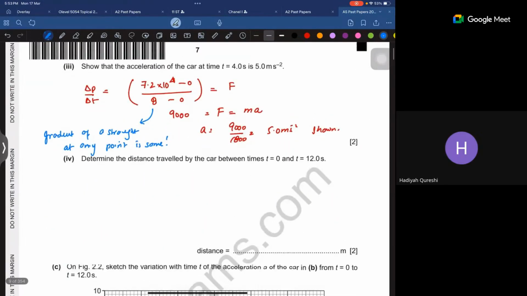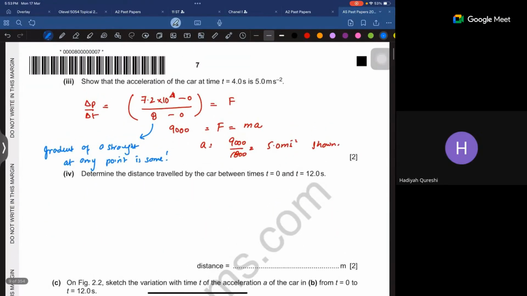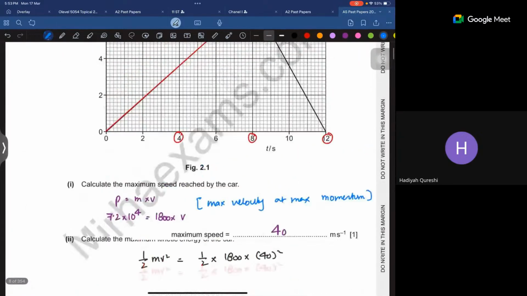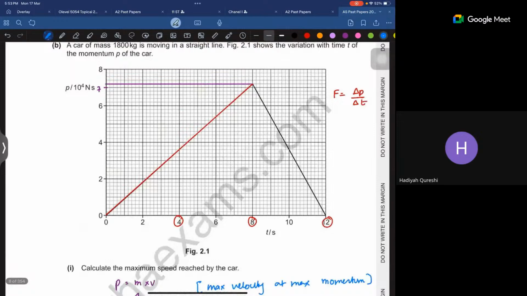Then determine the distance traveled by the car, from t equals 0 to t equals 12. So 12 is the end line, right? But the point is, what does the area under the graph give us? Momentum times time. Momentum times time is mass times, I don't know what it gives.